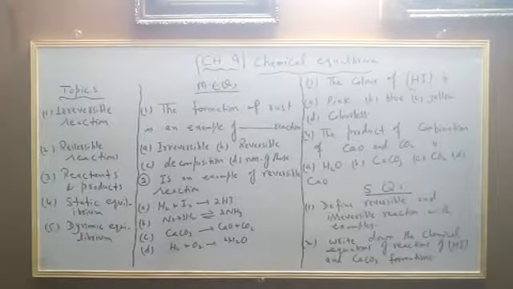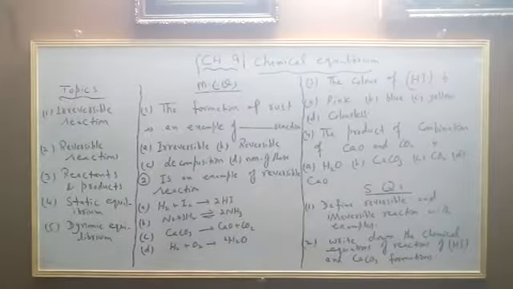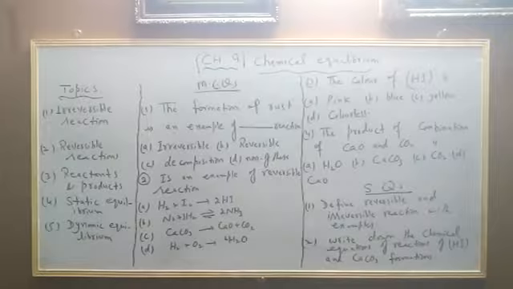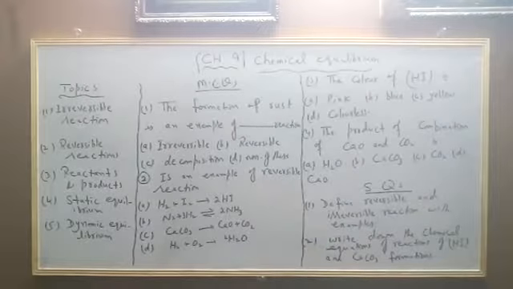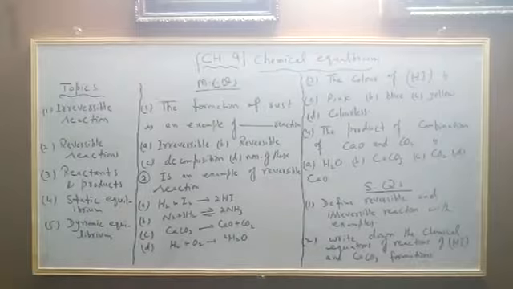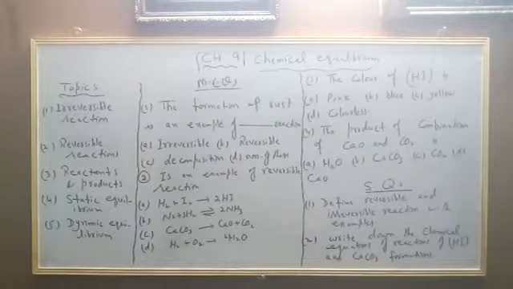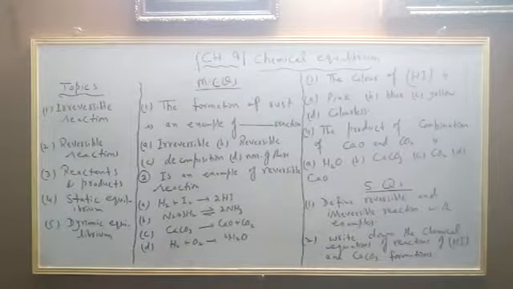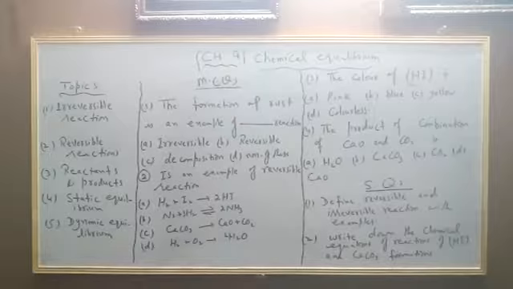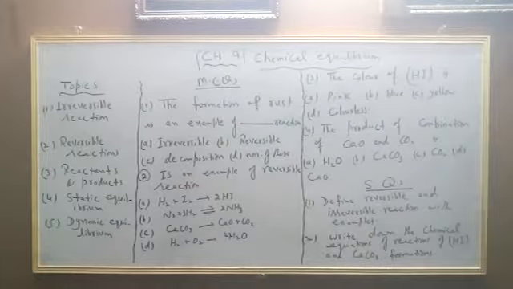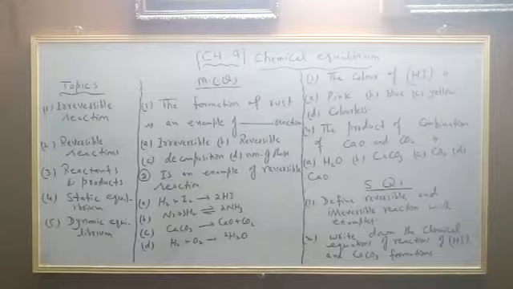Fourth MCQ: the product of combination of CaO and CO2 is, option A, water H2O; option B, calcium carbonate; option C, carbon dioxide; option D, CaO. It's your fourth MCQ.